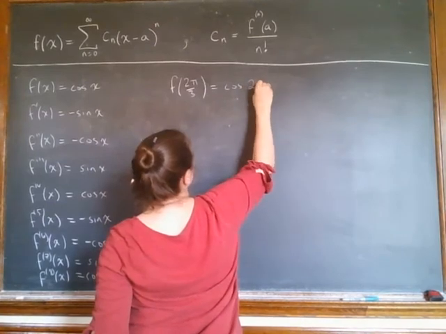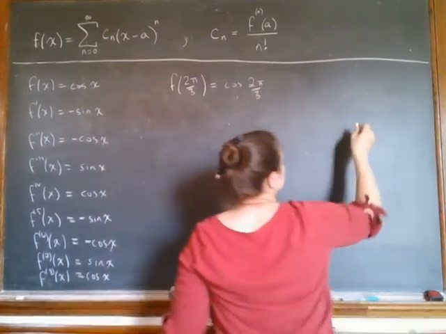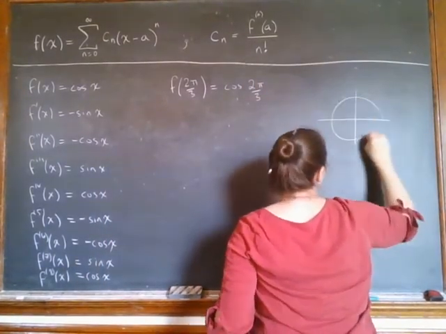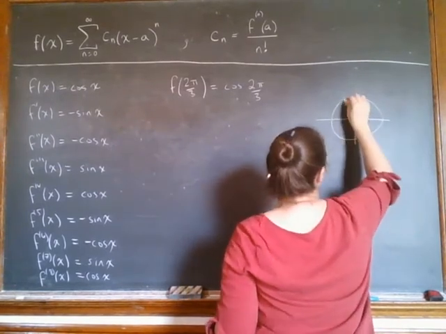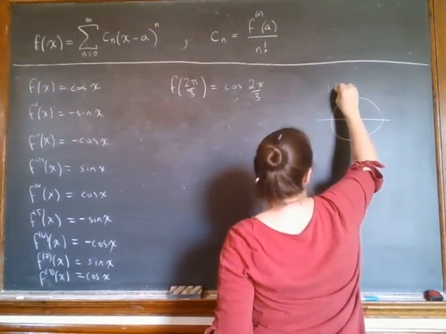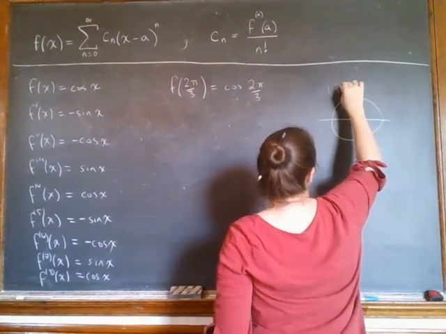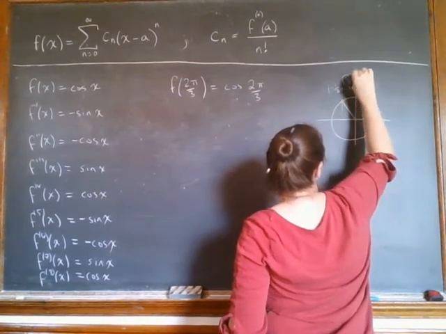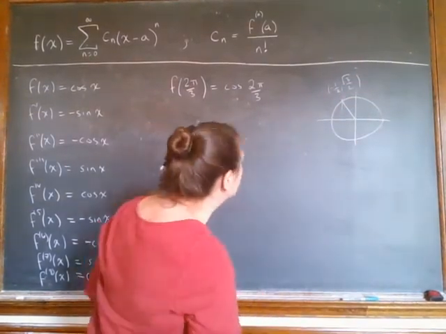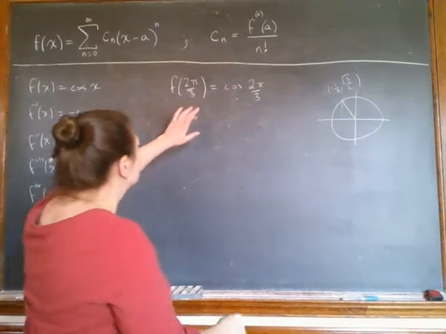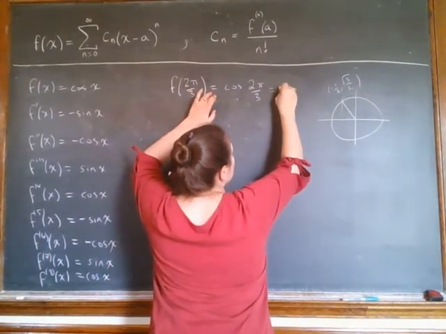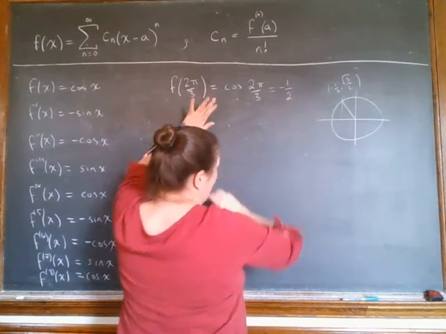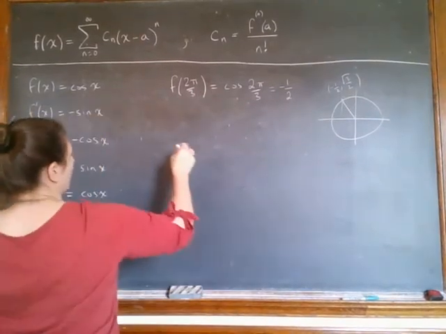So cosine of 2 pi over 3. So what is this? Okay, here's my unit circle. This is 2 pi over 3. The x coordinate is negative 1/2. The y coordinate is root 3 over 2. Okay? So cosine of 2 pi over 3 is negative 1/2.